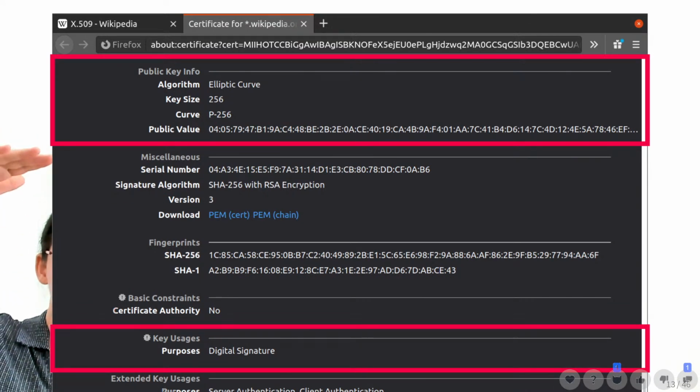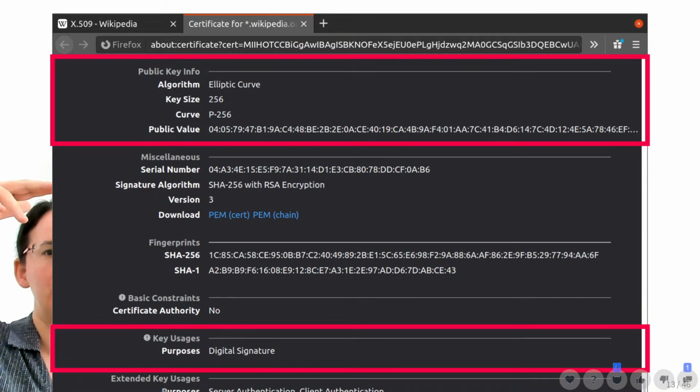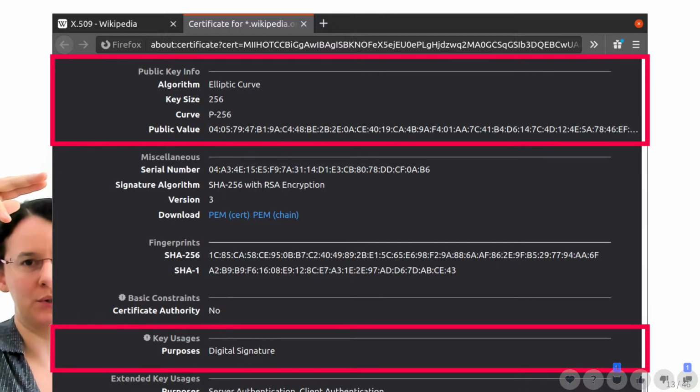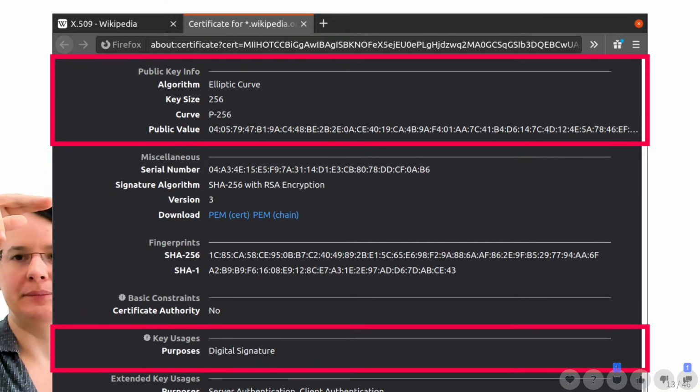And you have some extra information here, like for example, you can read how the certificate was signed. So the signature algorithm that was used here is RSA signature. For some very weird reason that I really hate, it says RSA encryption here, but really it means it's using RSA signatures. And it's using the signature together with the SHA-2 hash function. And the certificate also has a serial number, which is listed here. You can get an encoded version of this, so a file containing this information if you click here.